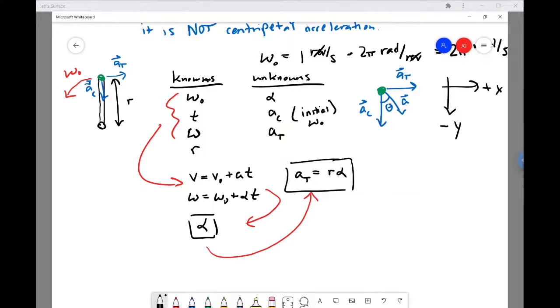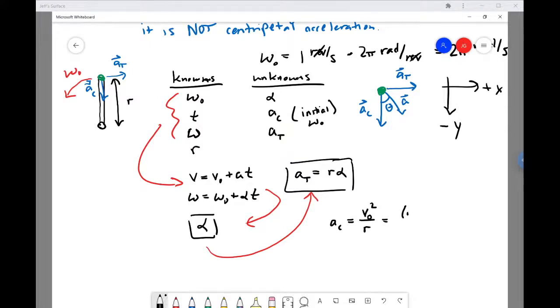Okay, well, what about centripetal acceleration? If you remember, a sub c is equal to speed squared divided by r. And in this case, the v is the tangential speed of that little green point on the turbine. I'll put the naught here because they say it's the initial speed, because it's slowing down. And what is that speed in terms of the angular quantities?